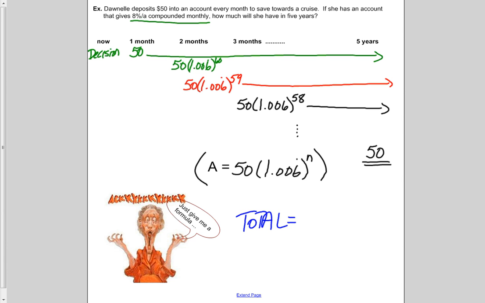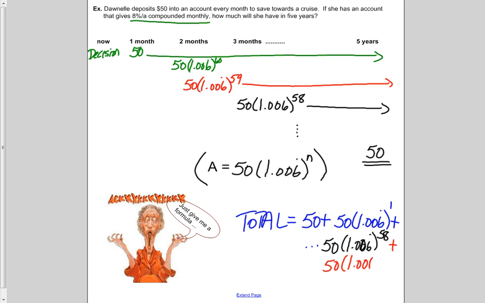She would have her $50 plus the one right before it would be $50 times 1.006 repeating to the 1 month, plus on and on we would add until we get to the black, the red, and the green one that I have on the board. 1.006 repeating to the 58, add to the 59, and last.